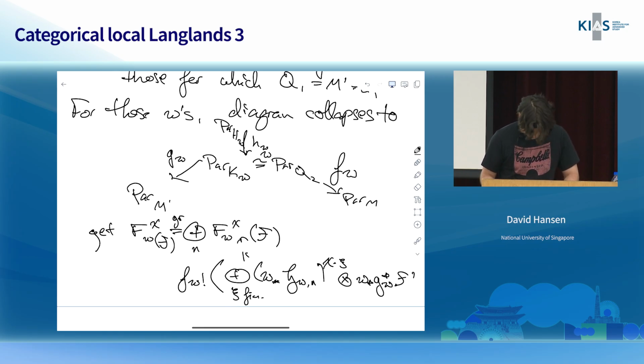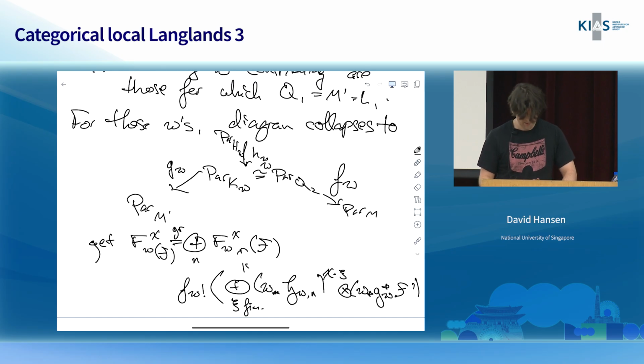So I can pull it back along GW and then just push it along this isomorphism. And because this is a perfect complex now on the parameter stack for Q2, if you stare at where things live, it will have a central grading of its own, and only finitely many of those terms will be non-zero. So these chi's run over the non-trivial characters for the central grading of this pullback thing that's appearing in the second slot here, okay? And that's a finite set.